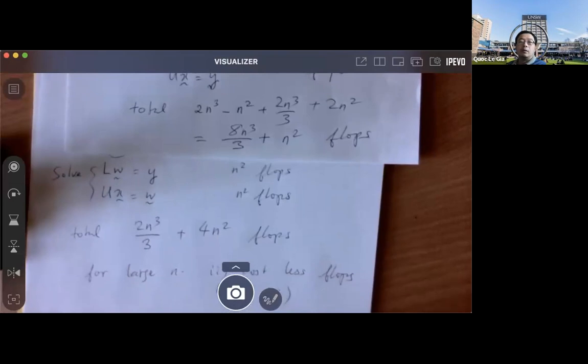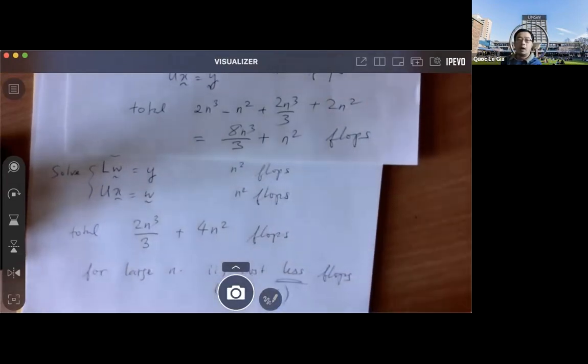That explains why LU factorization is very helpful in speeding up the computation when you have to solve many linear systems with the same matrix and different right hand sides. So the second approach is more efficient, with fewer floating point operations. Okay, so that is number 6.